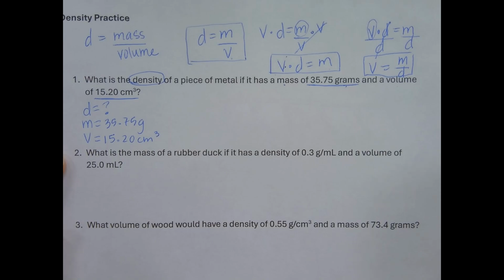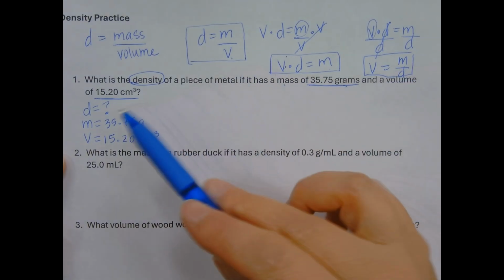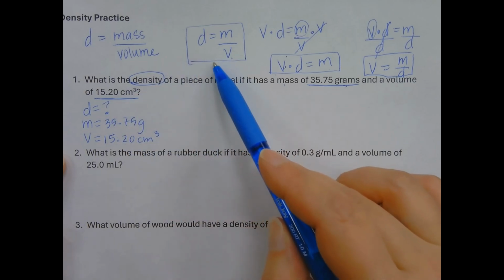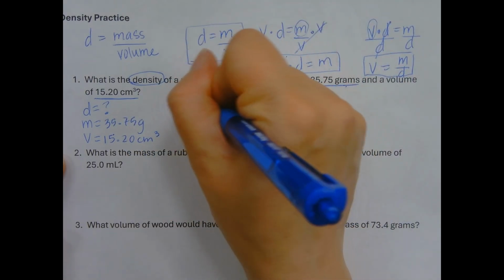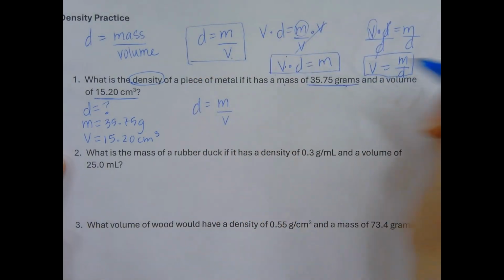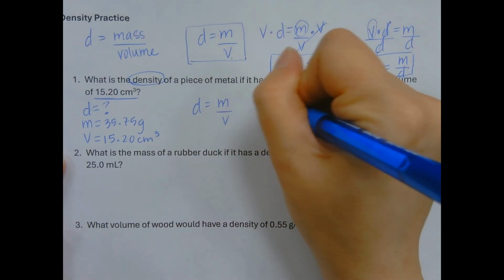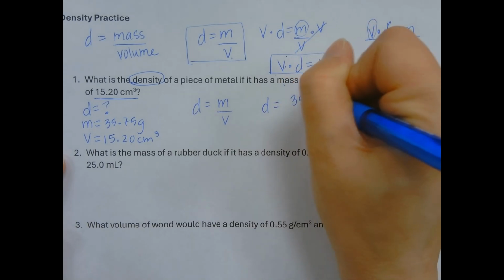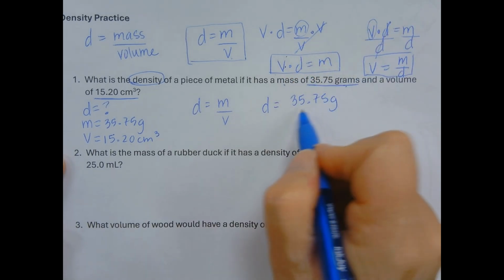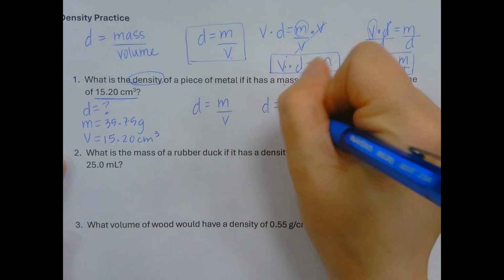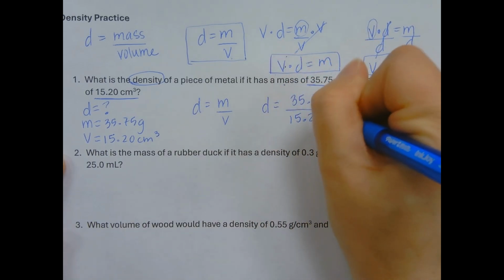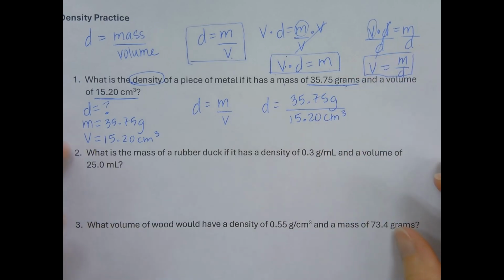Okay, so now I'm looking for density, so I'm going to plug it into this one. Density equals mass over volume, and I'm going to solve. Density equals 35.75 grams divided by 15.20 centimeters cubed, okay?